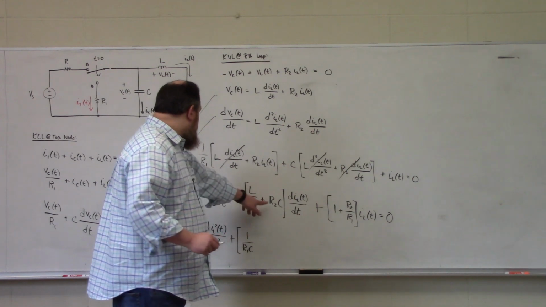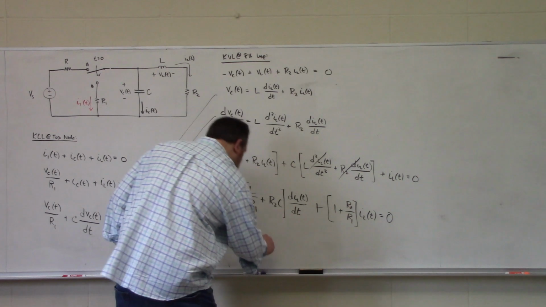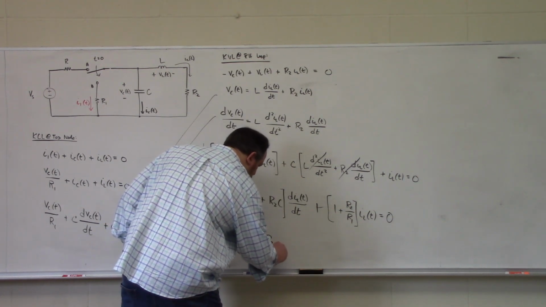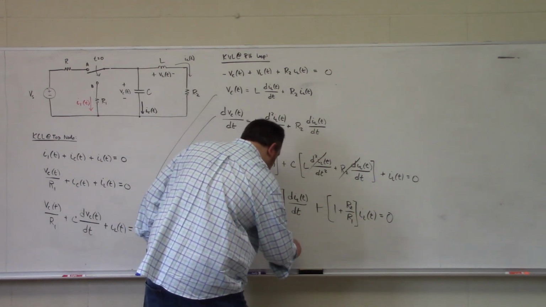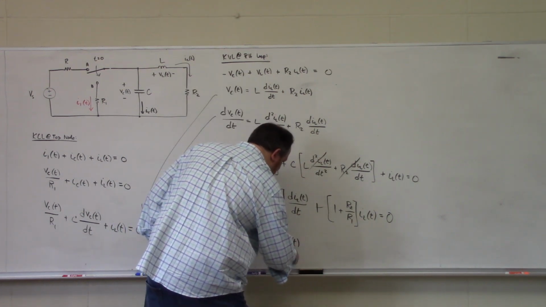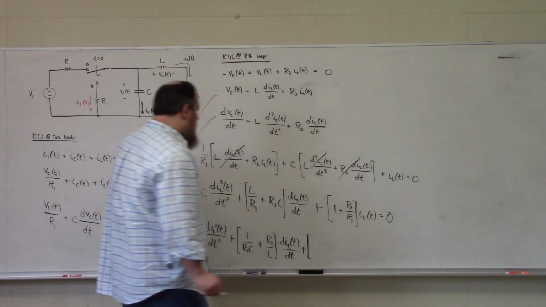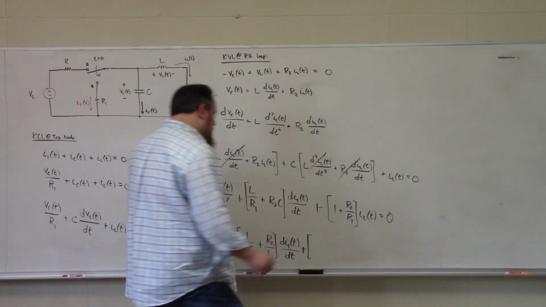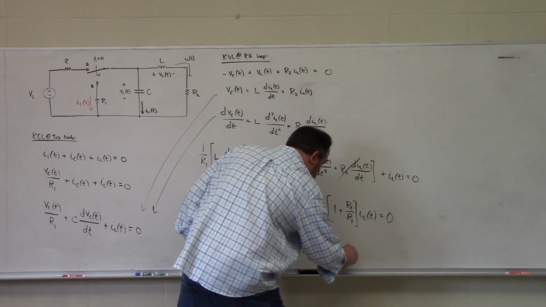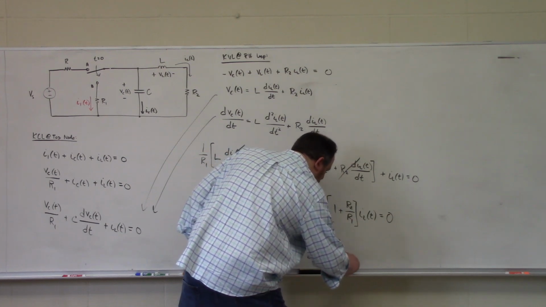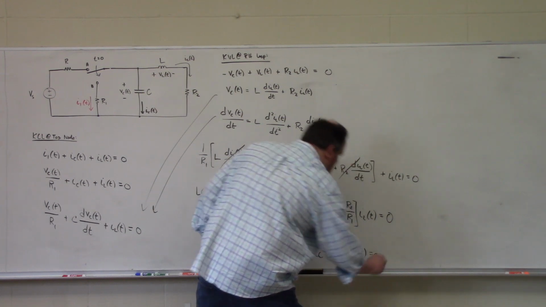For my second term, I'm going to have R2C divided by LC is going to give me R2 over L. And then I'm going to have 1 over LC plus R2 divided by R1 LC times my 0th derivative is equal to 0.